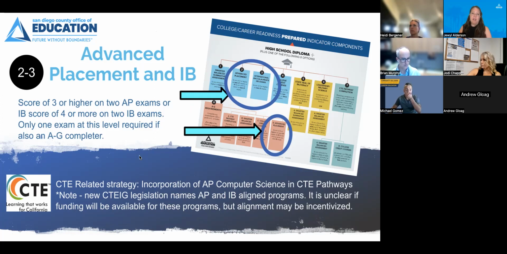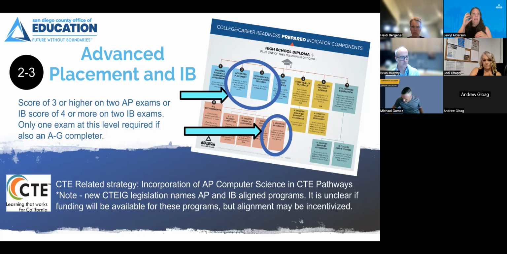For advanced placement and IB, a related strategy would mostly be computer science, which is one place where we see an overlap between these. And as of last year, CTE incentive grant legislation names AP and IB aligned CTE programs. There's a little bit of gray area.